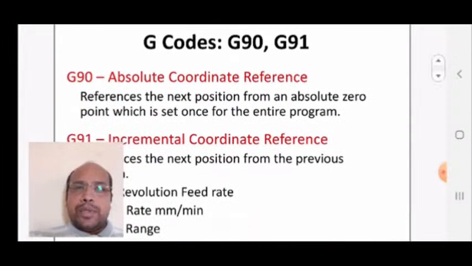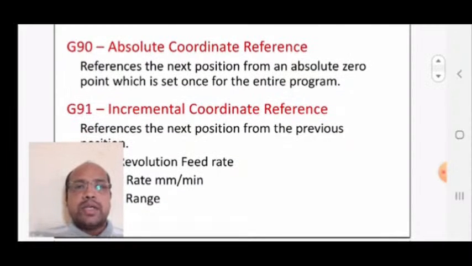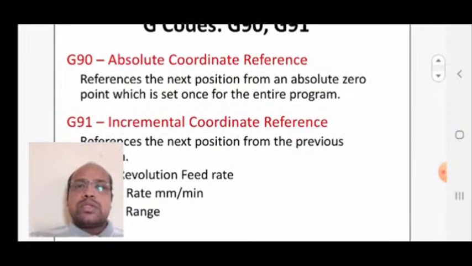Similarly, there are some common G codes: G90 absolute coordinate system and G91 incremental coordinate system. In G90, the absolute coordinate system, all coordinates are written with respect to one origin. In chapter number 5, we learned the types of NC system, that is absolute NC system and incremental NC system.